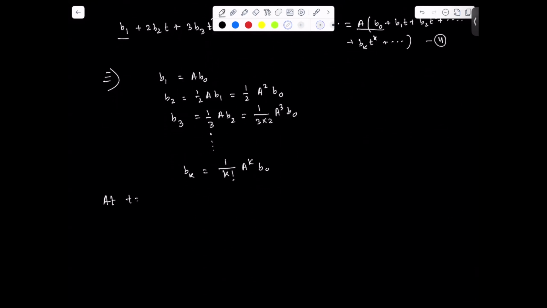At t equal to 0, from equation 3 we can write x naught equal to b naught.